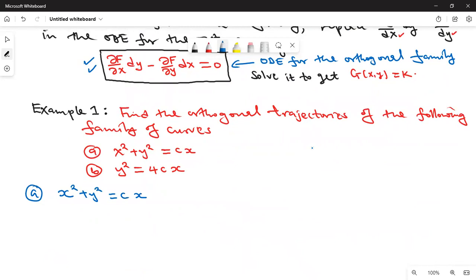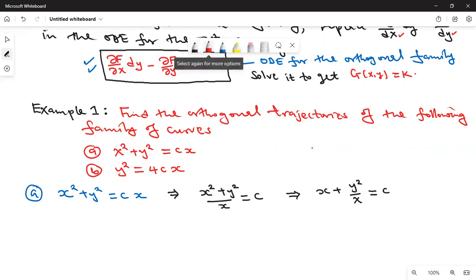This means that I can divide by x on both sides to get x squared plus y squared over x is equal to C. If I simplify, I get x plus y squared over x is equal to C. Therefore, the left-hand side is our f of x, y.